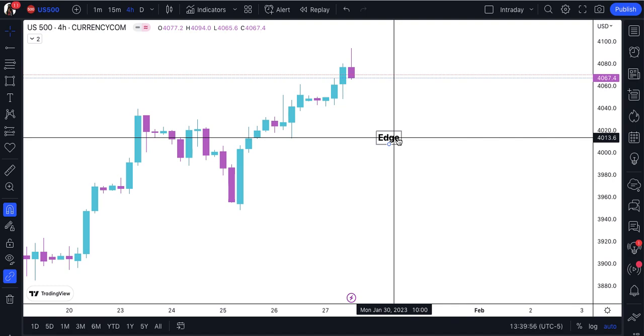An edge is just a statistical advantage of something happening over another. Like an example, the casino has an edge, the house has an edge, which is why they always come out profitable. An edge could be as simple as if I had a coin that was heads or tails, and let's just say I have a 51% chance of it landing on tails and a 49% chance of it landing on heads.